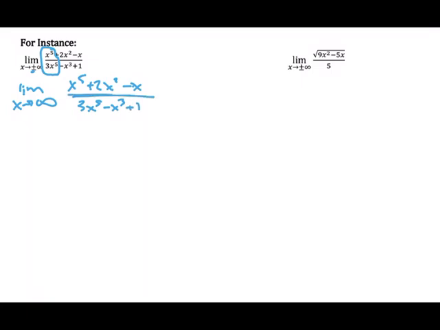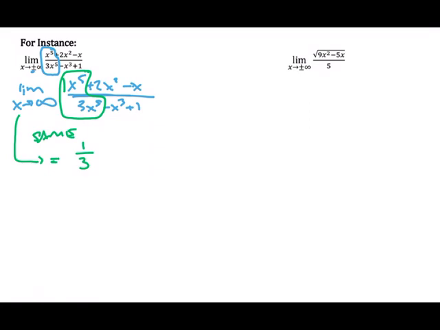So yes, there are other things happening, but again, we care about the dominant behavior. Those degrees are the same, so we're going to divide the leading coefficients. This limit is going to be equal to 1 over 3, since there's an invisible 1 here, and 3 is the leading coefficient in the denominator.